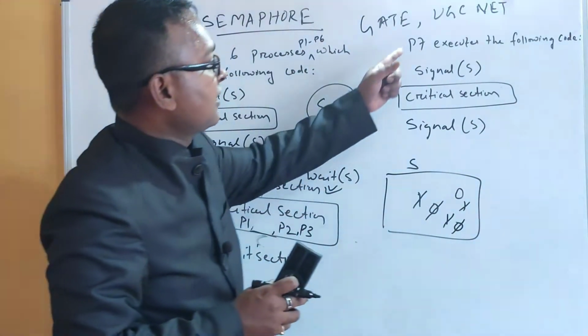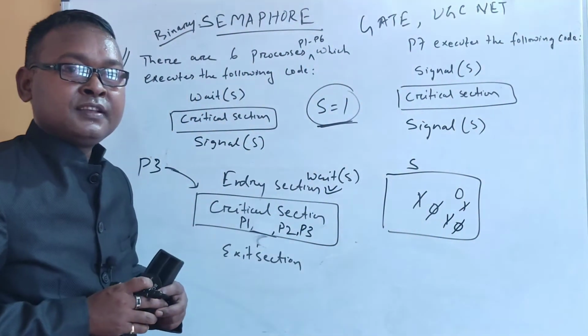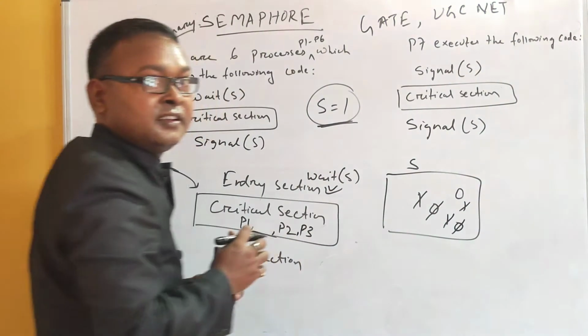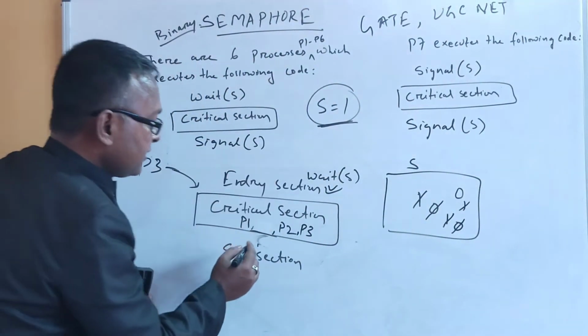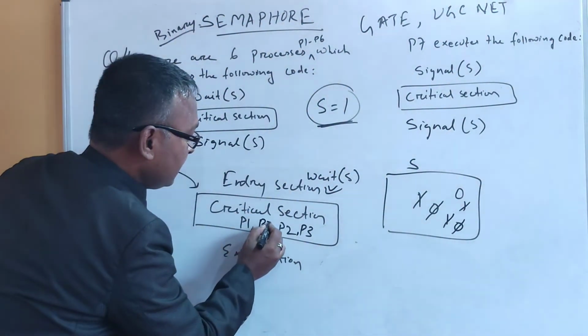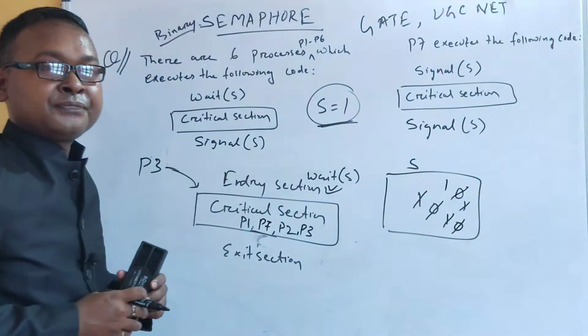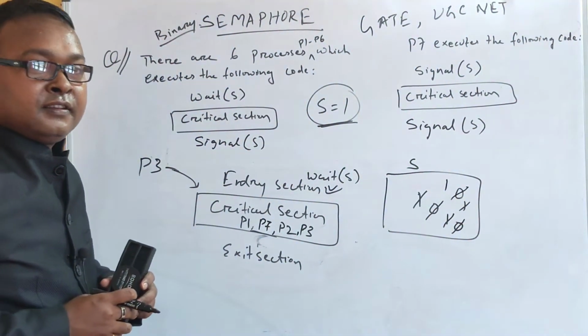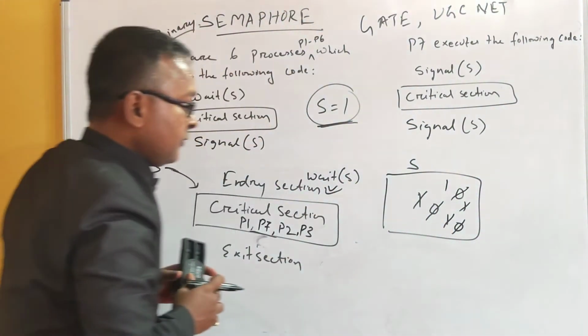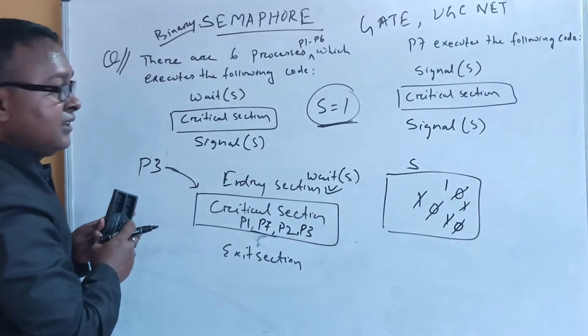Which process? Again, P7 can enter by executing the signal. So when P7 executes the signal, it enters into the critical section, thereby incrementing the semaphore value to 1. Right? So it has incremented the semaphore value. Can any other process enter? Yes.